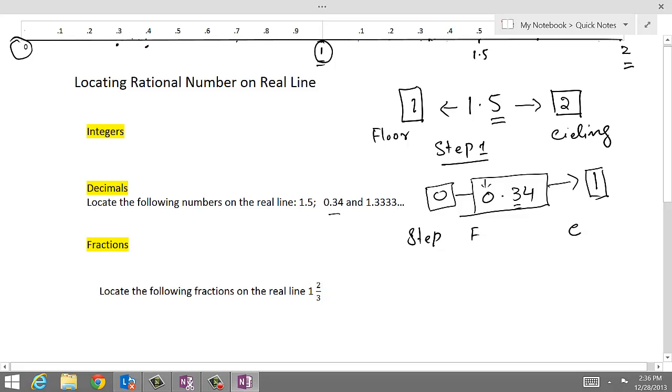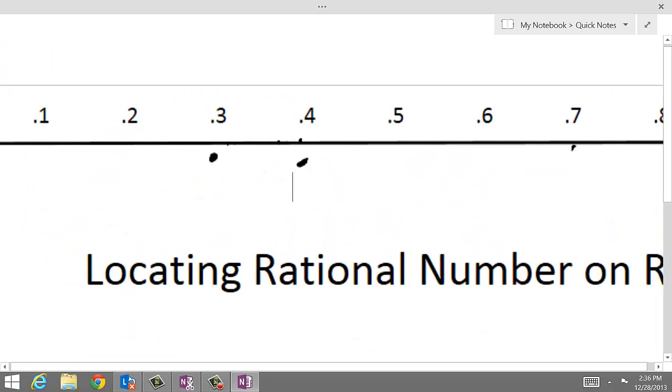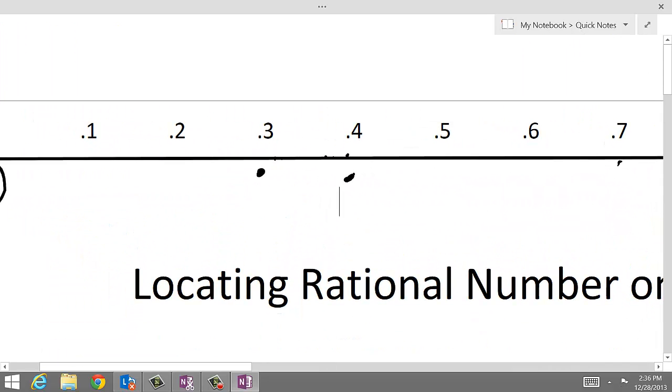And of course, if we divide this space between 0.3 and 0.4 into further 10 equal parts, 1, 2, 3, 4, 5, 6, 7, 8, 9, then where is 0.33? 1, 2, 3.